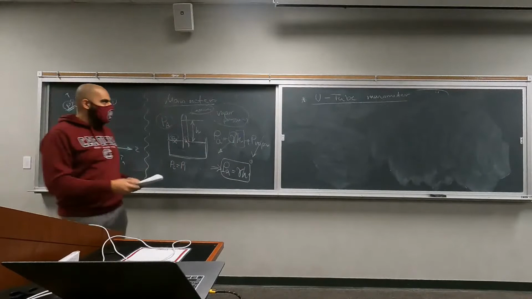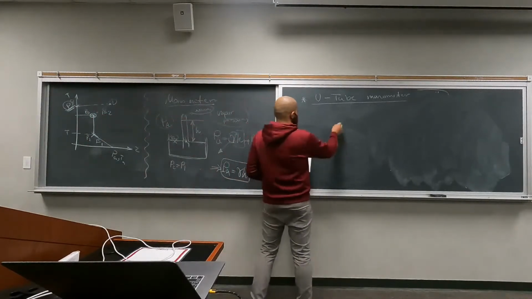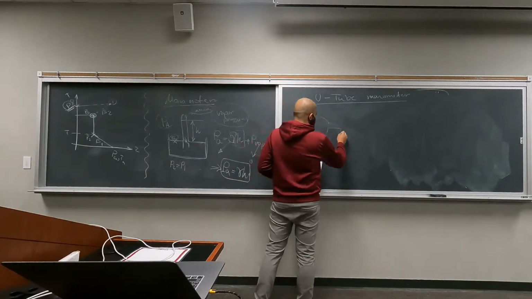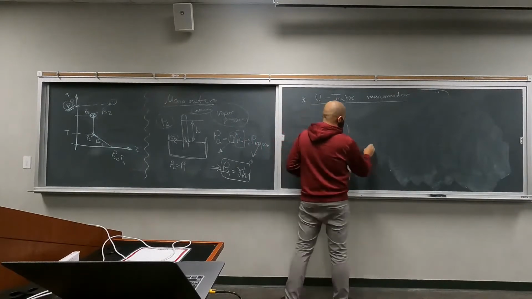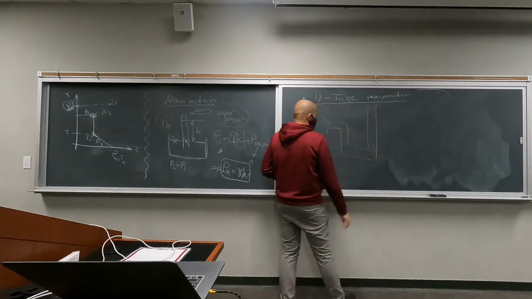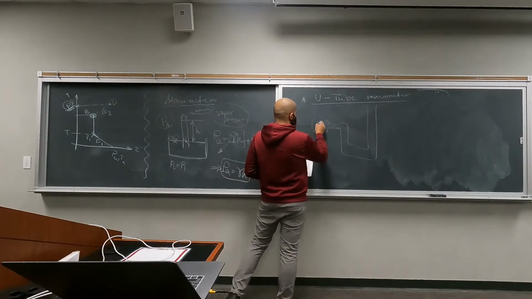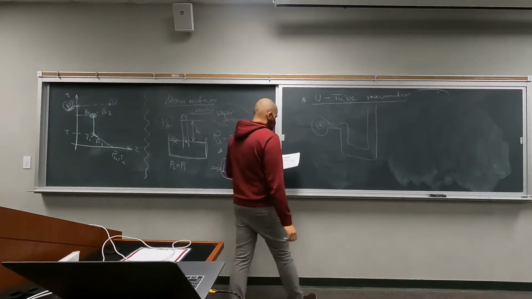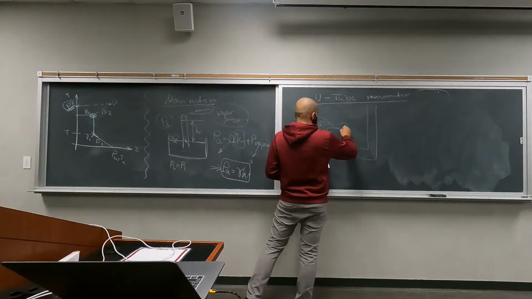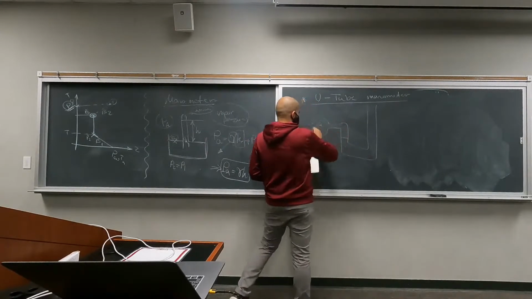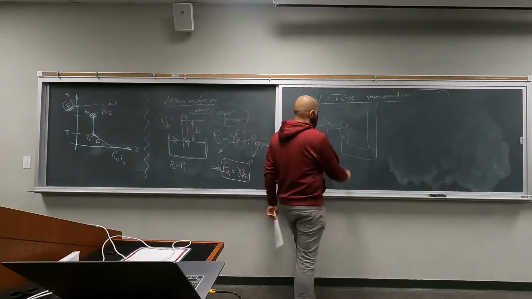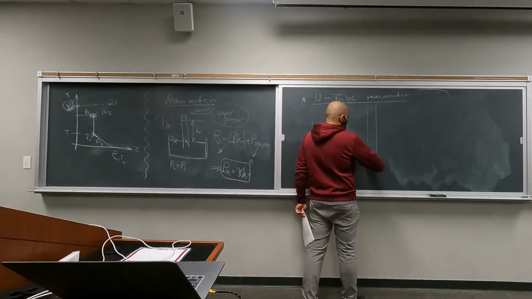A U-tube manometer looks something like this. On one side of it, we have, let's call it point A, some sort of gas or liquid or whatever here. We have another type of gas or liquid here.